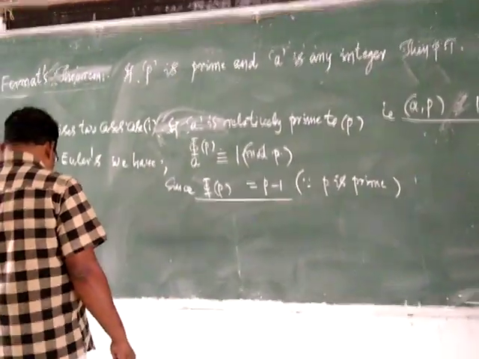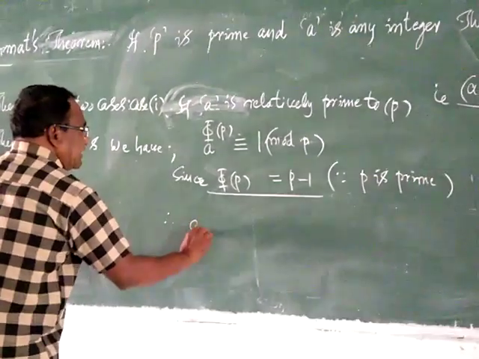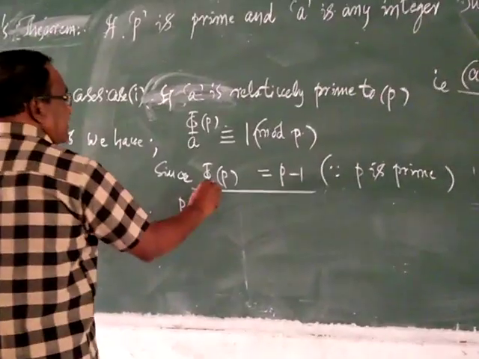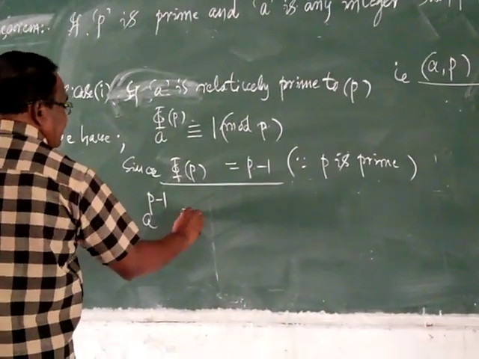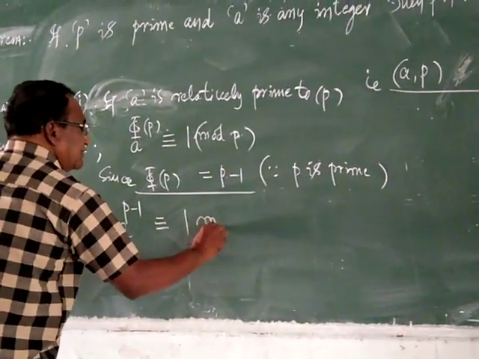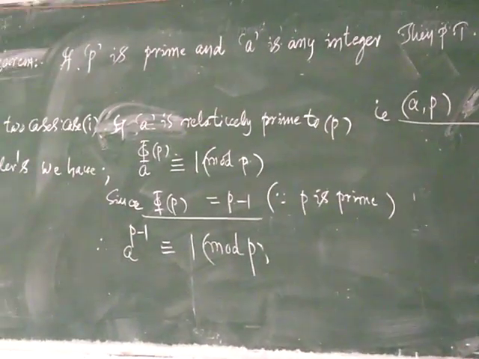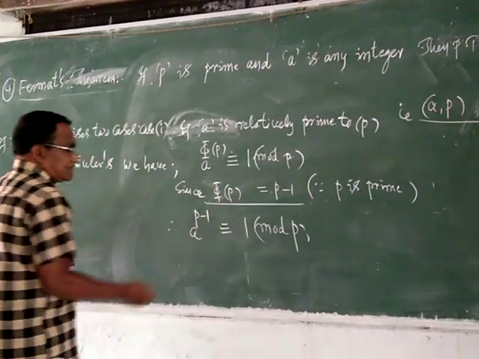So the above result may be written as A to the power P minus 1 is congruent to 1 mod P. Instead of phi(P) I have taken P minus 1.